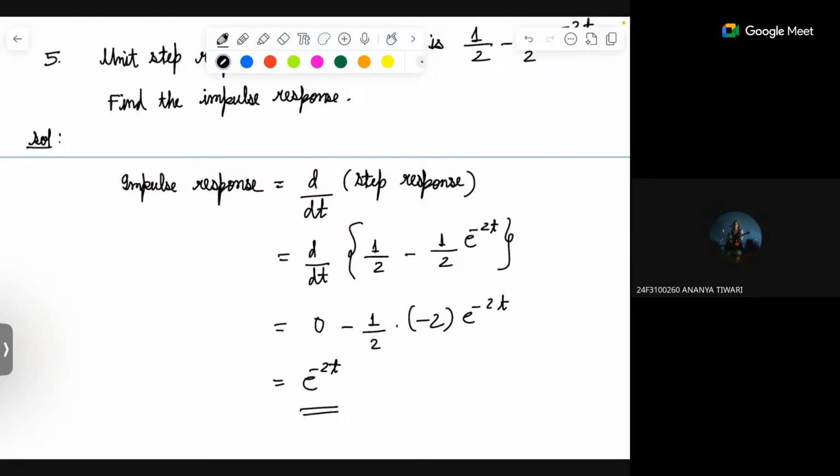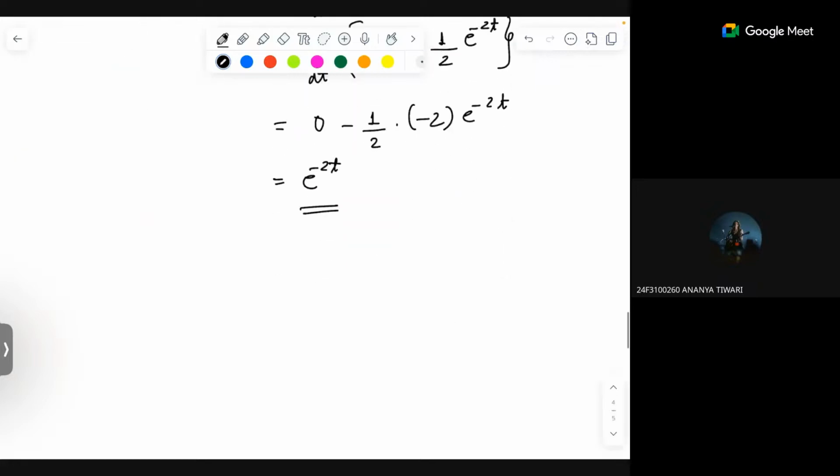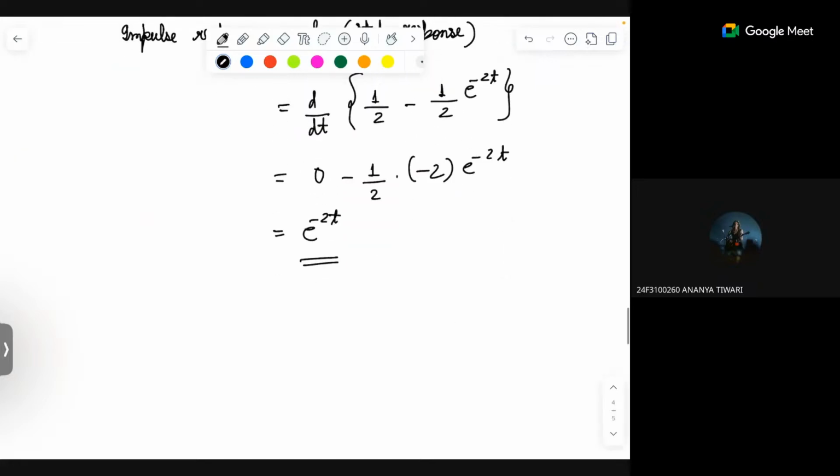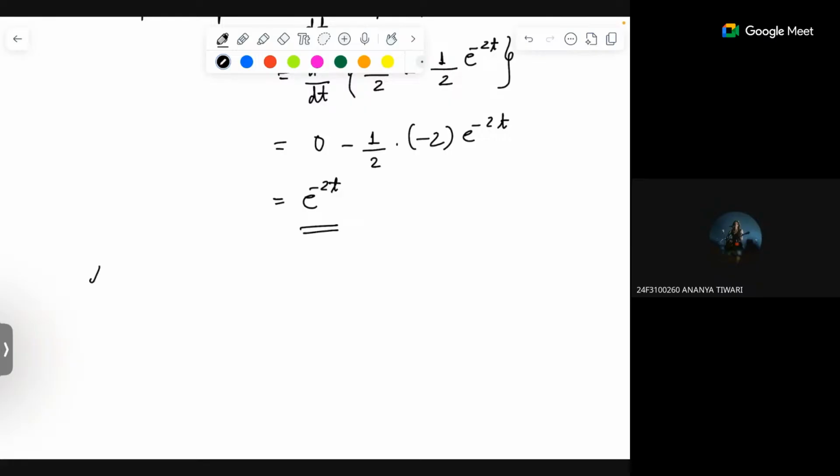Okay, now let us start convolution problems. Before we start, I would like to tell you 3 basic results that you can remember for convolution.